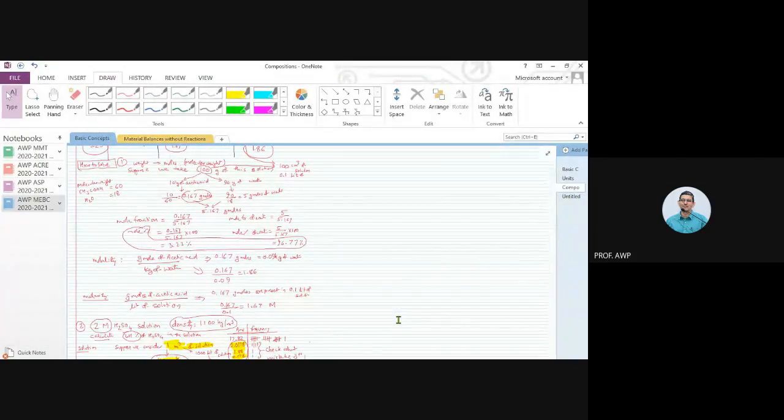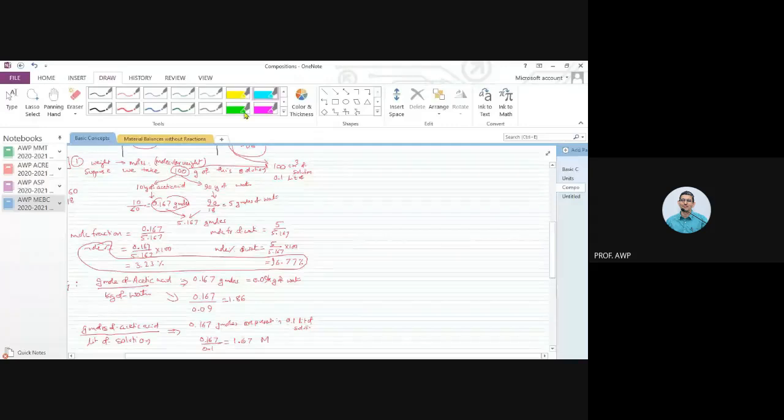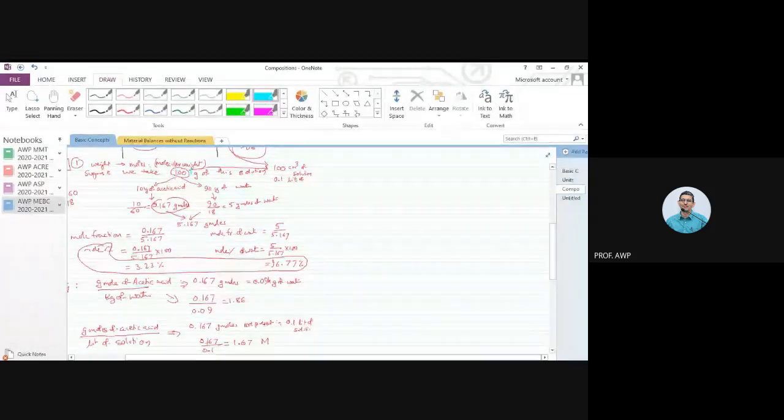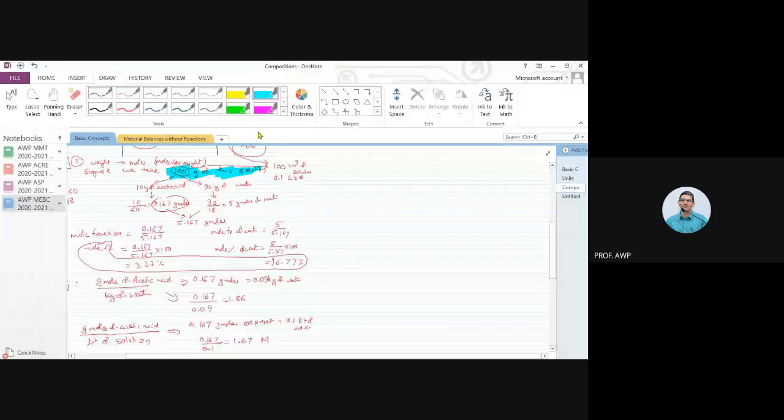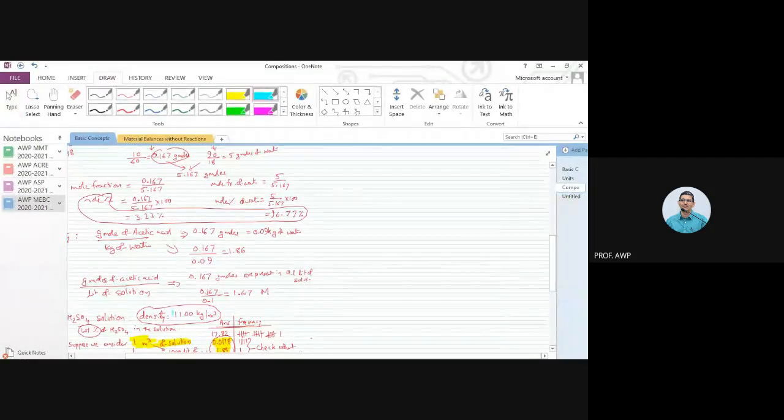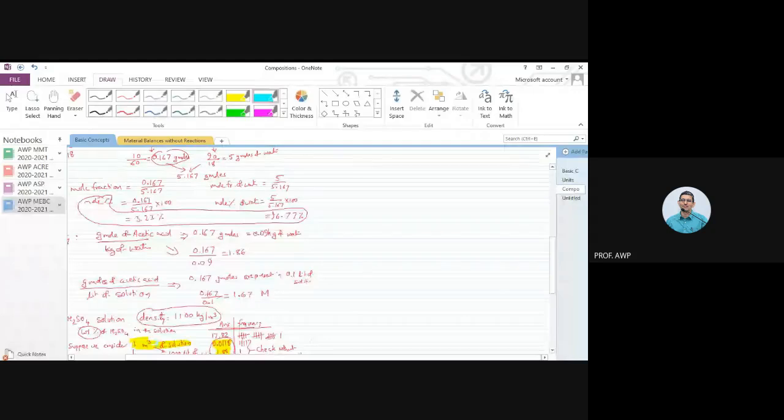Density is given, okay, that is there, but anything else that is common? We assumed a mixture. Yes. What is common is that in the first problem, we assumed that we are doing calculations for 100 grams of solution. In the second problem, we assumed that we have 1 meter cube of solution.